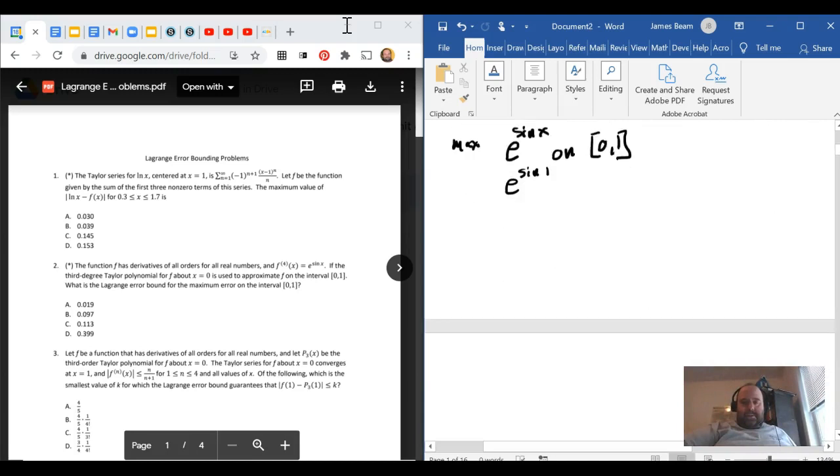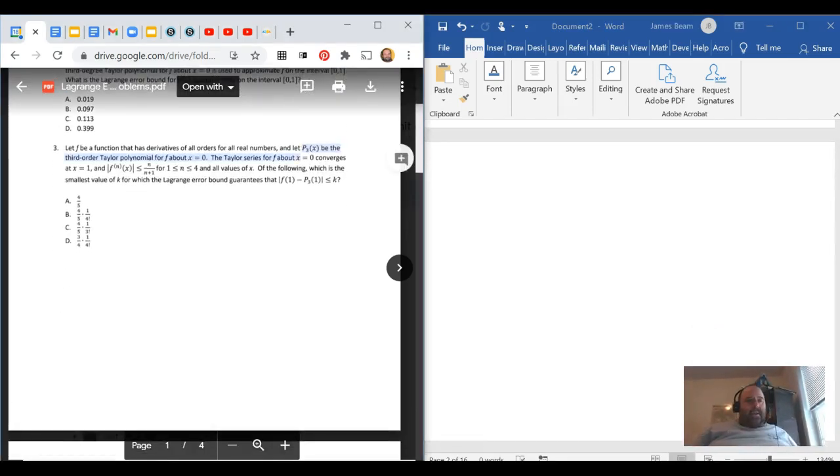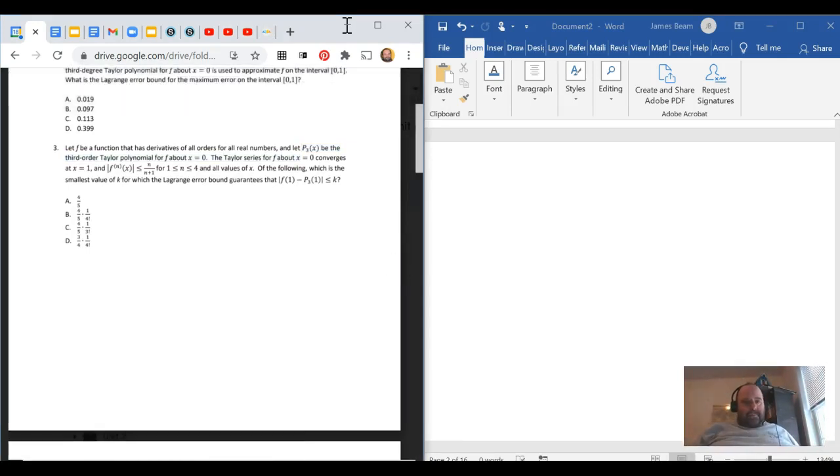All right, so let's look at part C. Part 3. Let f be a function that has derivatives of all orders. So the third degree Taylor polynomial for f about x equals 0. Okay, it converges at x equals 1.